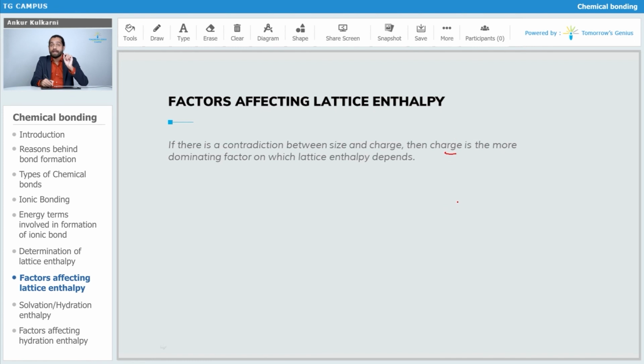If you have to consider charge and size, then charge is the dominating factor and not size. So if the charge is more, then the lattice enthalpy will be more. There shouldn't be any doubt. If there is any contradiction between charge and size, then you have to give priority to the charge.